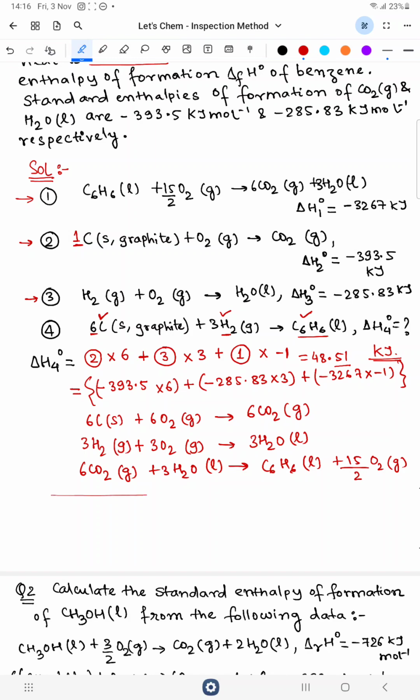Now according to Hess's law, when I add them, what is going to be cancelled off? You can see 3 H2O gets cancelled by 3 H2O, and 6 CO2 gets cancelled by 6 CO2.